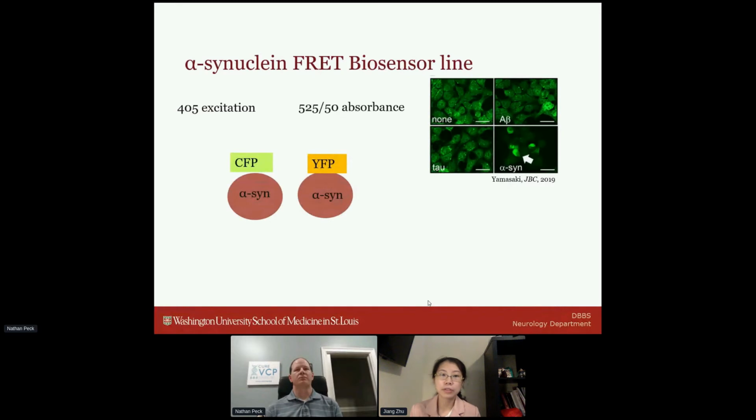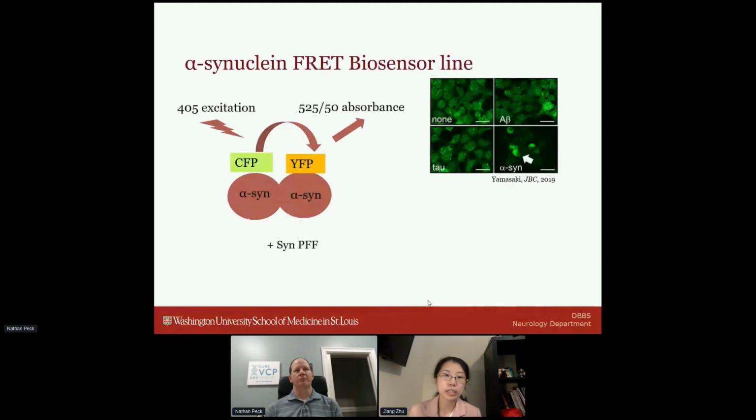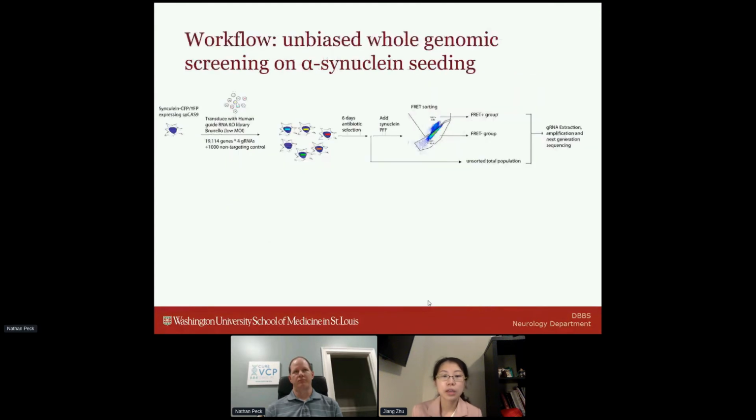They have alpha-synuclein CFP and YFP co-expressed in the same cells. When we add alpha-synuclein PFF, the preformed fiber, what we call the seed, it will generate the FRET signal within 24 hours.